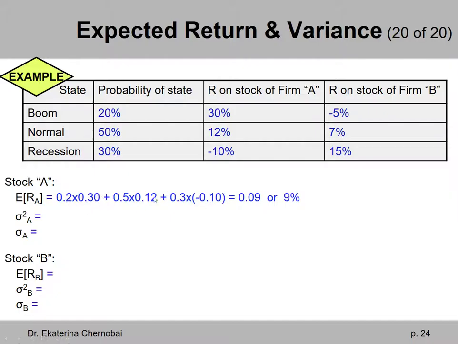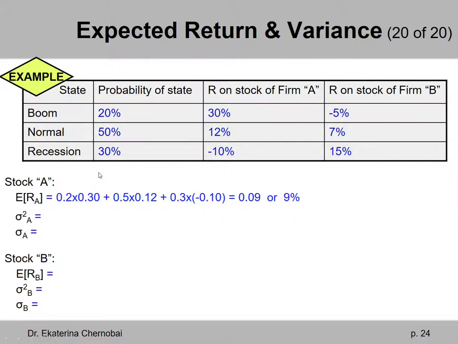The sum of these three products gives me 0.09 in decimals, or a 9% expected return. So I'm expecting my money to grow on average by 9% every year in the future, based on what I know about the possibilities and how likely they are.